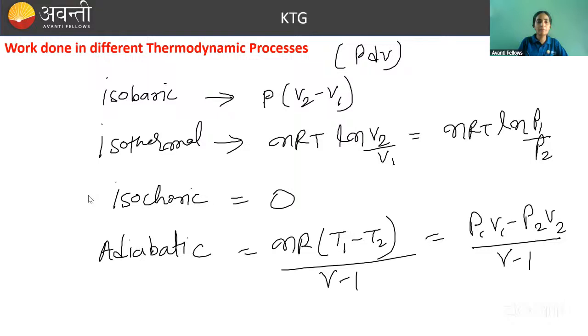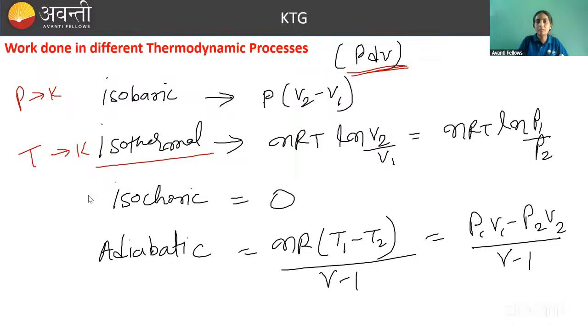उसके बाद है तुम्हारा work done. What is the general formula of work done? Work done ka general formula is PdV. So if we talk about isobaric process, process in which pressure is constant, and in this case, work done is P into V2 minus V1. If you talk about isothermal process, here temperature is constant, and in this case, work done is nRT ln V2 by V1 or nRT ln V1 by V2.